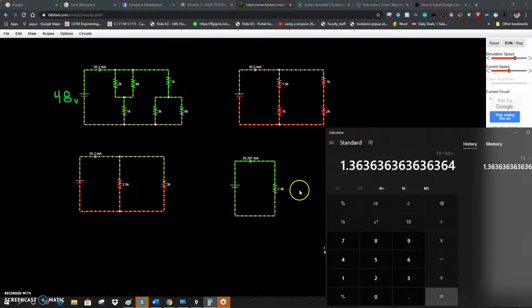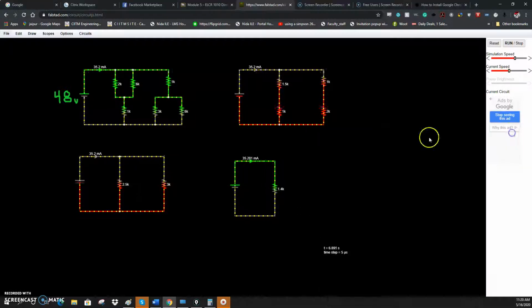And that's what I put in here, but it rounded it to 1.4. But if you look, our current 35.2 milliamps, 35.2 milliamps, 35.2, and 35.201, that's pretty negligible when you get down to the difference. So we've come up with the exact values for each of these.